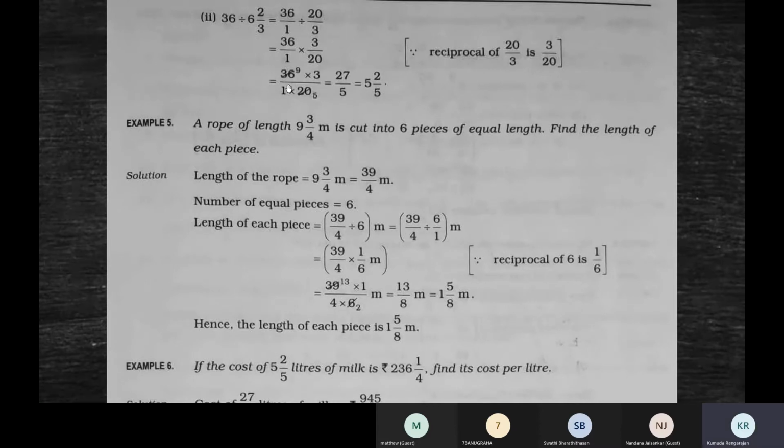Then multiply the numerators, multiply the denominators. Simplify, here using the tables of 4. 4 fives are 20. 4 nines are 36. So now 9 threes are 27. 1 into 5 is 5. This is an improper fraction. Write it as a mixed fraction.